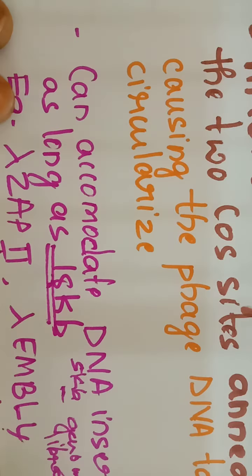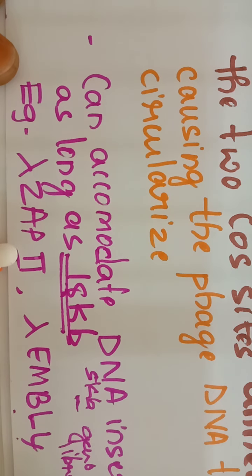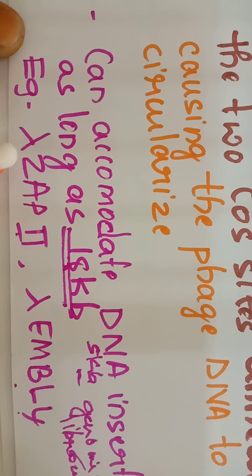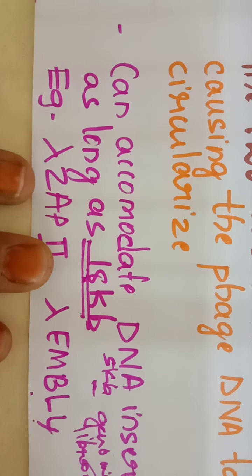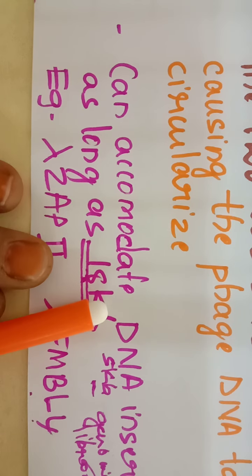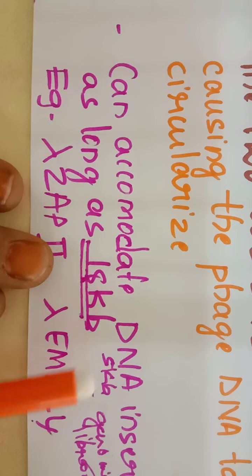Examples of lambda phage vectors include lambda ZAP II and lambda EMBL4. These are the two examples of lambda phage vectors. We have also discussed the M13 phage vectors in the previous video. This is regarding the types of vectors.